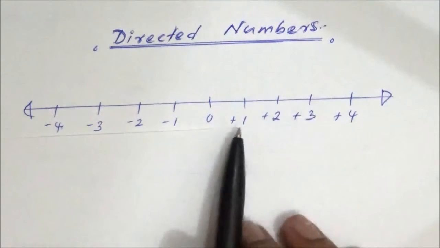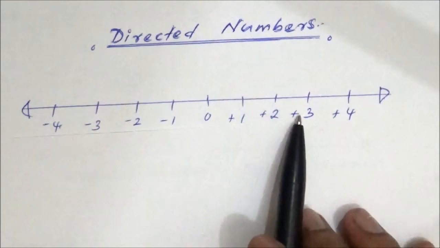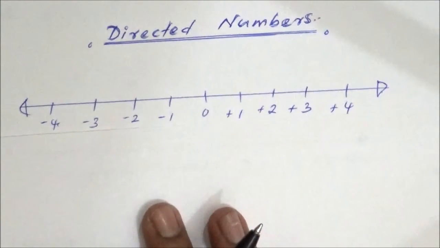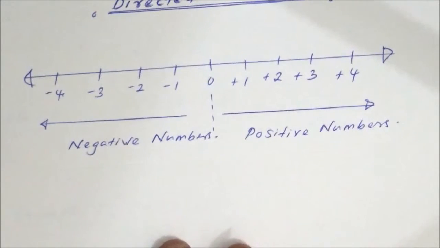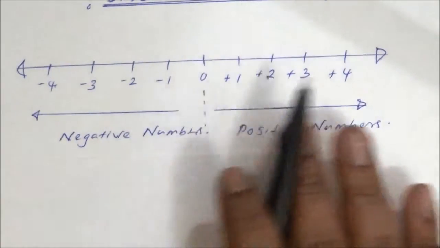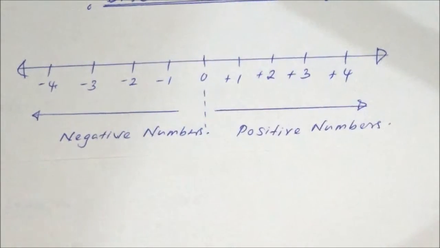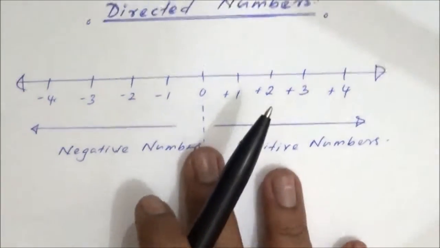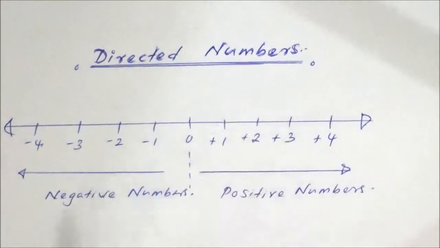On the right-hand side you can see +1, +2, +3 and +4. The numbers on the left we call negative numbers, and the numbers on the right we call positive numbers. Together we call these directed numbers.